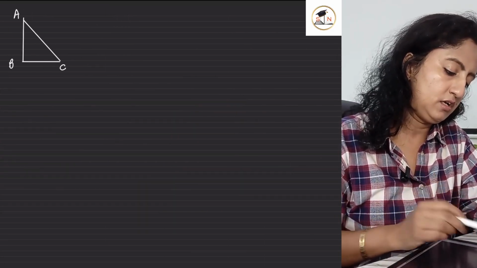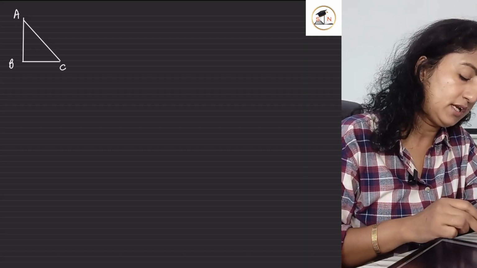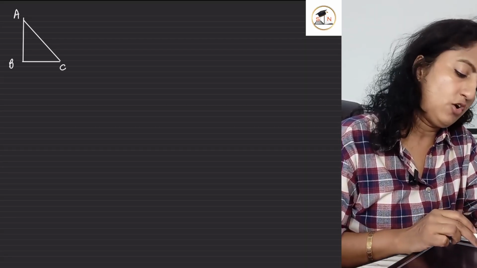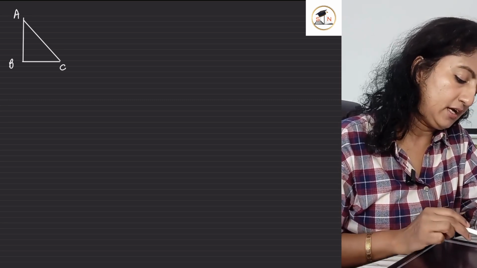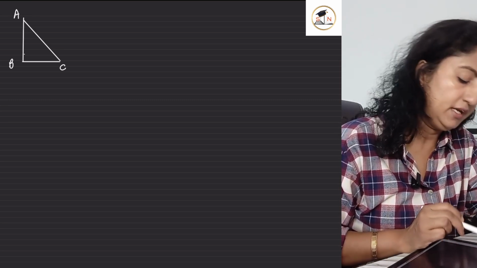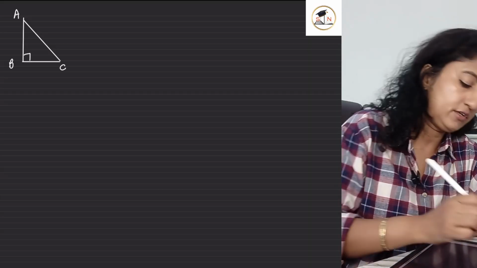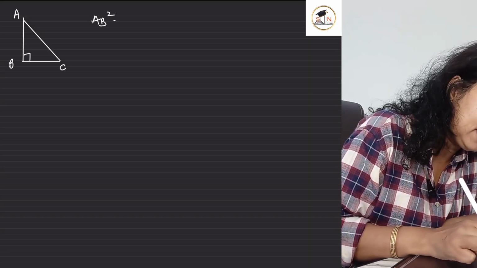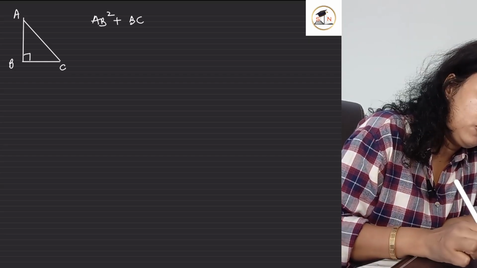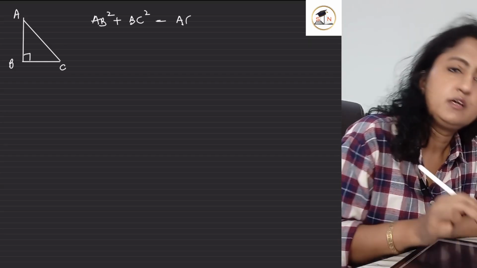First, we will talk about identities. What are they and how do we get that? Over here on the screen, you can see a right angle triangle, right? A right angle triangle ABC, right angled at B. Now, according to Pythagoras theorem, what we have is AB square plus BC square equals AC square, right?